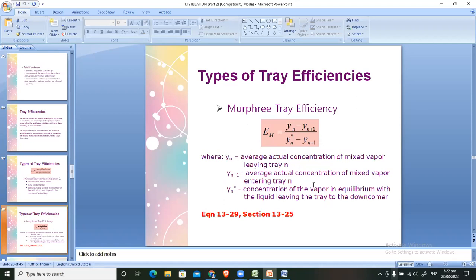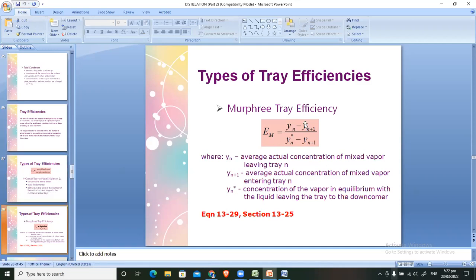But seldom will you encounter a problem in class that has you determine the Murphree efficiency based on these average actual concentrations. The problem oftentimes gives you the Murphree tray efficiency and lets you determine the other required information, not that you're the one who's going to determine it from these averaged concentrations.